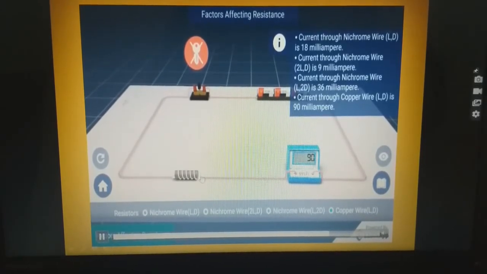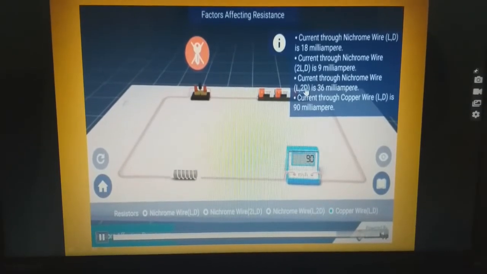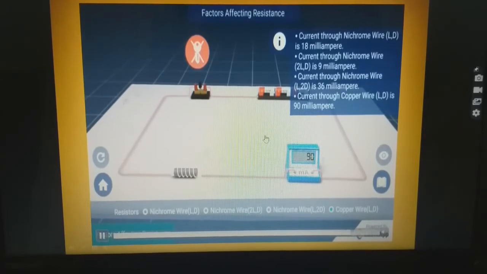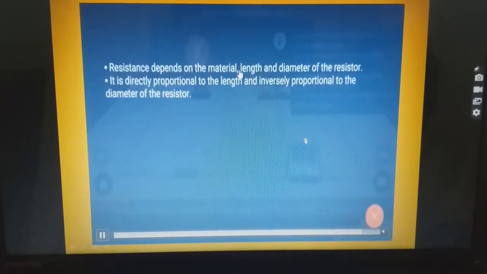So L and D are the factors which could affect the resistance of the wire. Resistance depends on the material, length and diameter of the resistor. It is directly proportional to length and inversely proportional to the diameter of the wire.